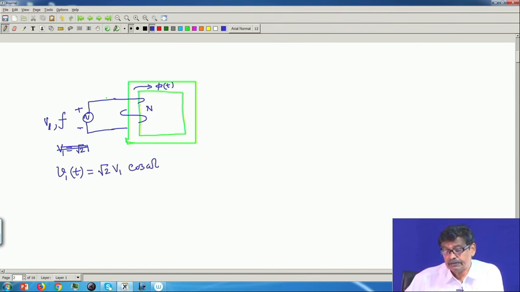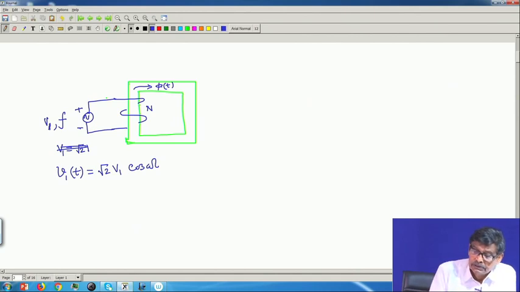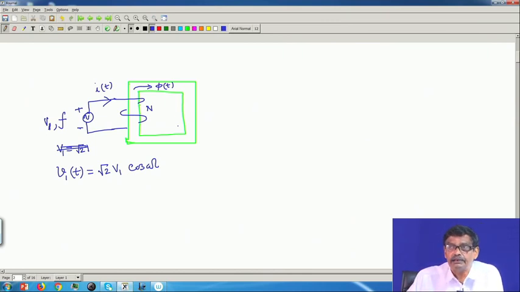The reason is that whatever current it draws will also be sinusoidally varying, because after all it is some sort of coil or inductance connected across an AC supply, so it draws some alternating current. Since the current value and magnitude change with time, this phi too will be time dependent.